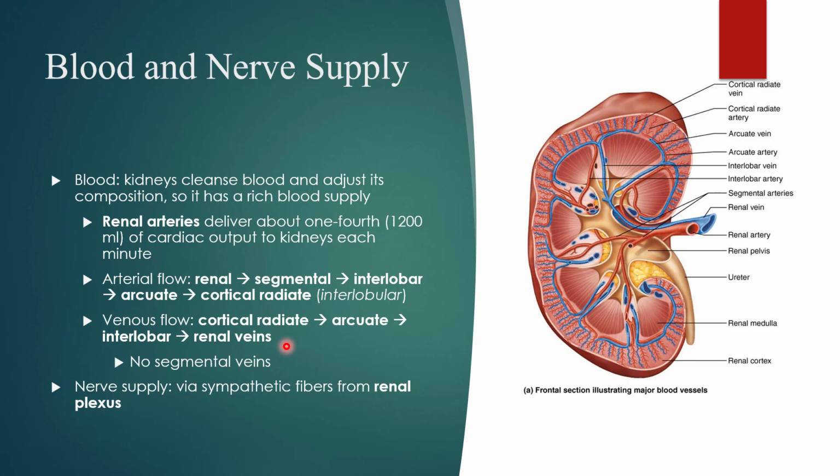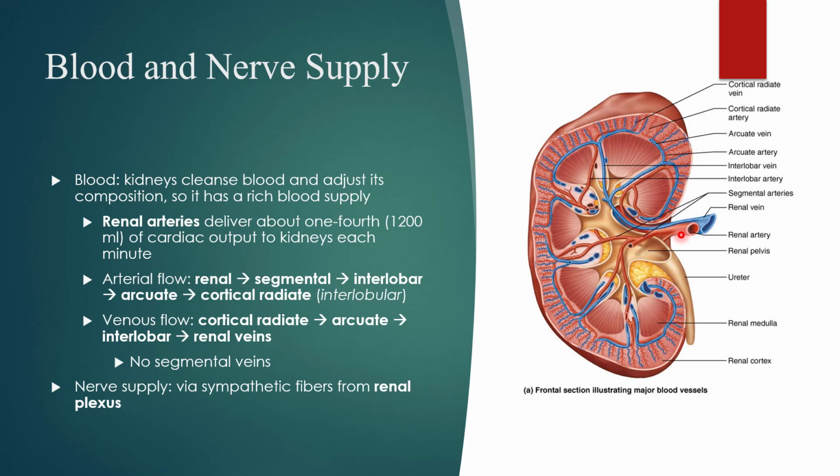So let's take a look at the blood supply. Kidneys cleanse blood, and that's the purpose of the kidney: to receive the blood, filter it, and then empty it out already filtered of whatever needs to be filtered out. The renal arteries, the red ones, deliver about 1,200 ml of cardiac output to the kidneys every minute.